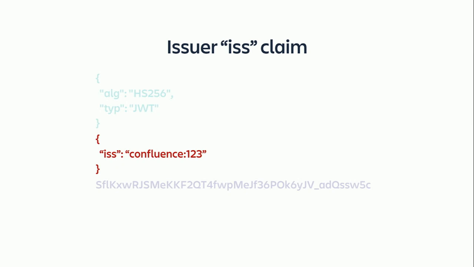We'll use the standard issuer claim, ISS, which is defined in the JWT spec, to put in who it came from. In this case, it should contain the client key of the product, or, for example, your application's unique app key. Once we have the information, we can now retrieve the shared secret and use that to verify the signature or generate our own.